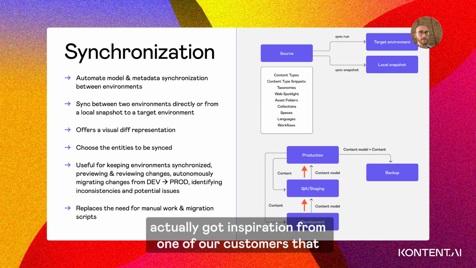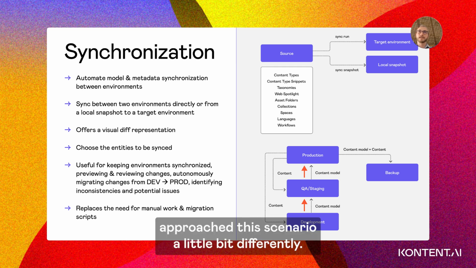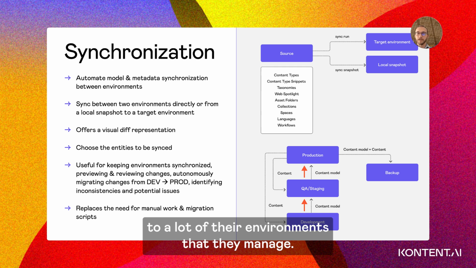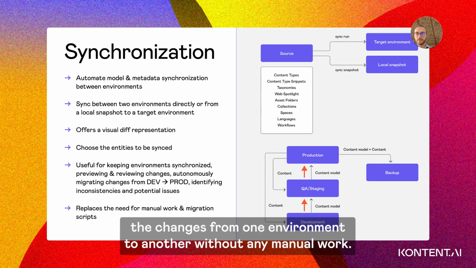So we got inspiration from one of our customers that approached this scenario a little bit differently. They managed their content model in a JSON file, and applied it to a lot of the environments they managed. So we thought it would be nice to have a tool that can synchronize the changes from one environment to another without any manual work.